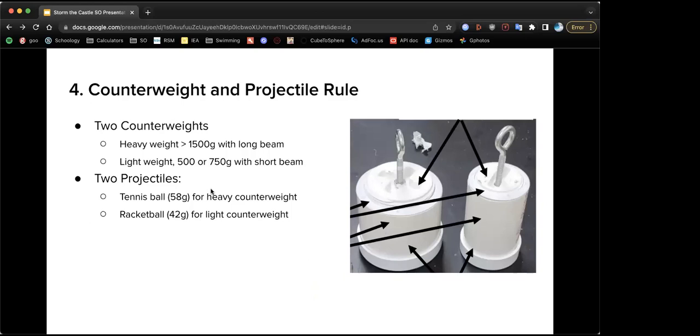In my case it was 1,500 grams and 1,800 grams. It switched between those in different competitions on the long beam, so you make a longer beam and a shorter beam for two different counterweights, and you switch between them in the middle of the event.